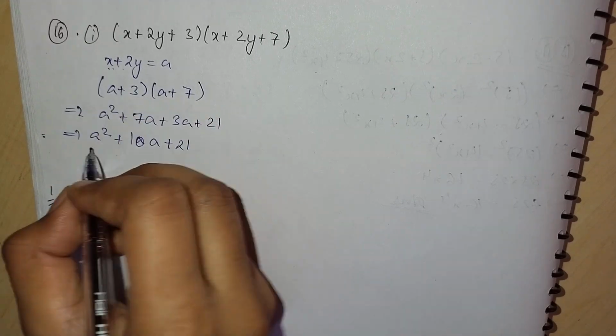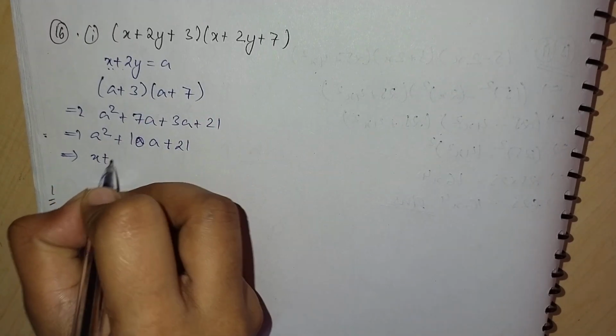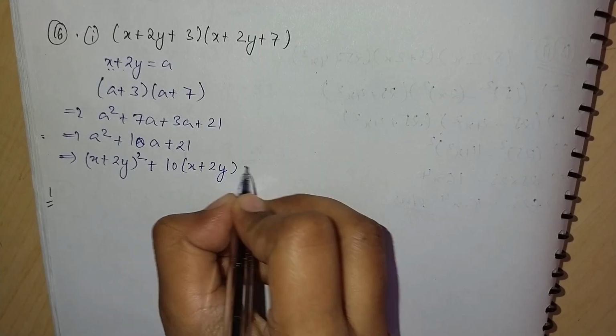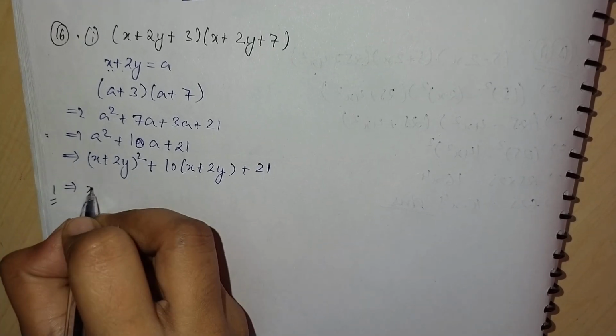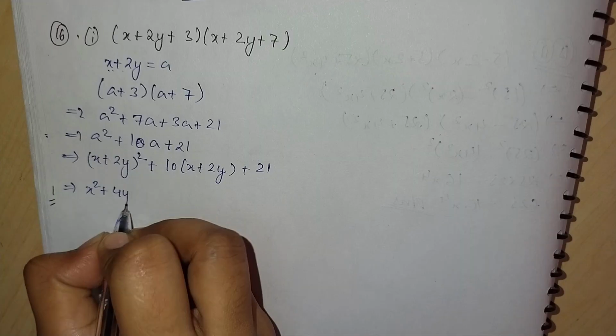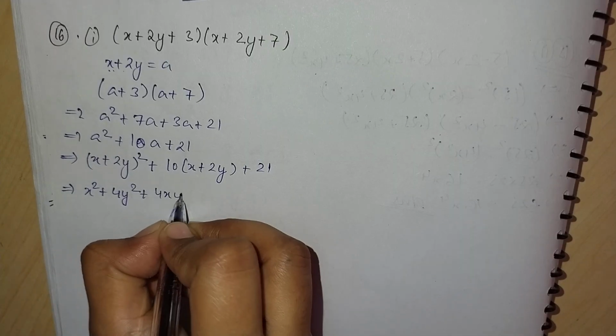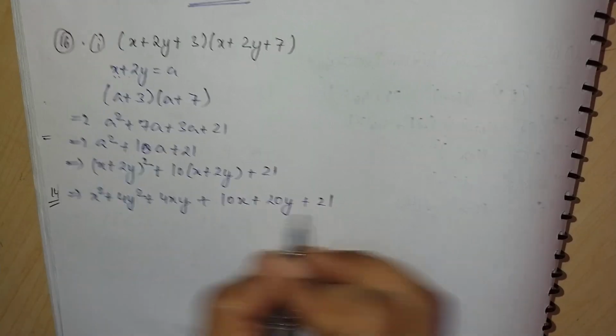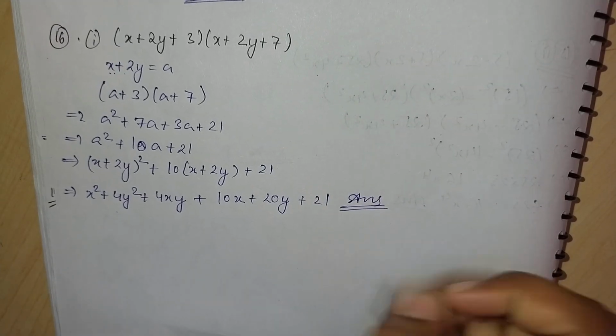Putting the value of a, x plus 2y in this answer, we will get (x plus 2y)² plus 10(x plus 2y) plus 21 equal to x square plus 4y square plus 4xy plus 10x plus 20y plus 21. So this is the answer here in this question.